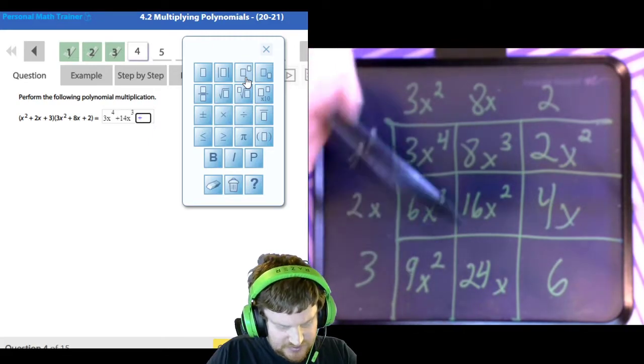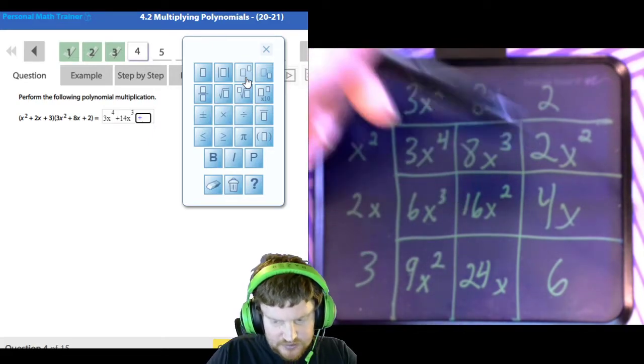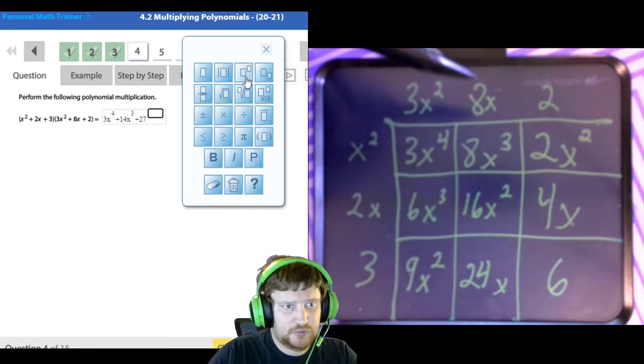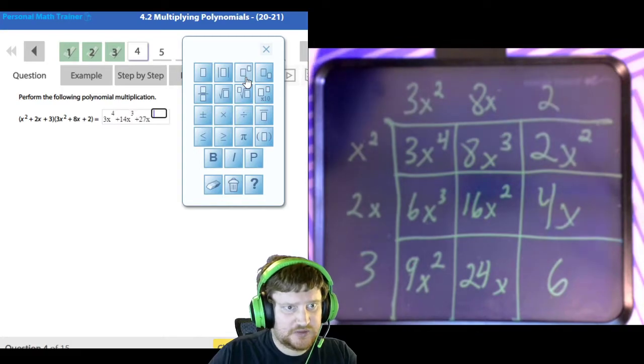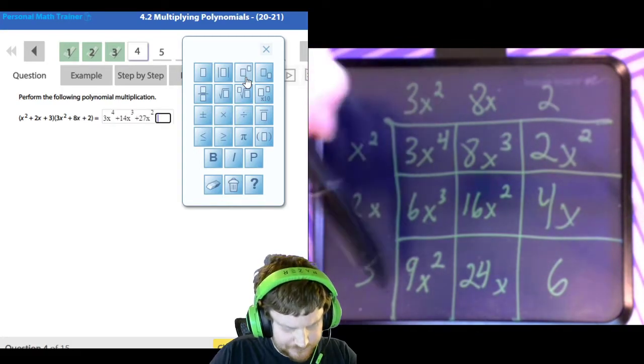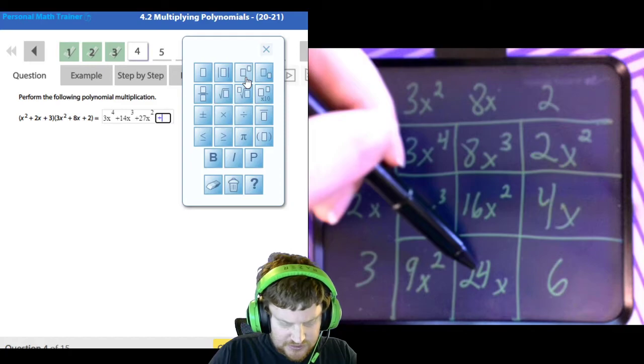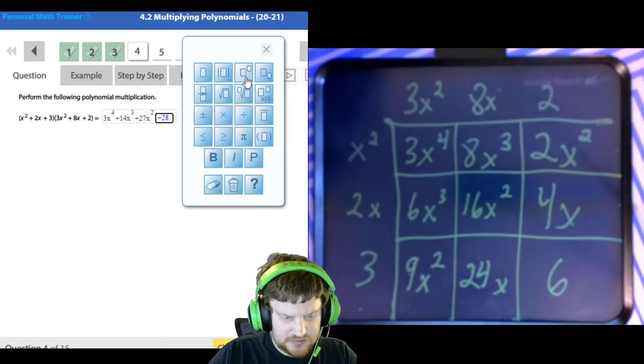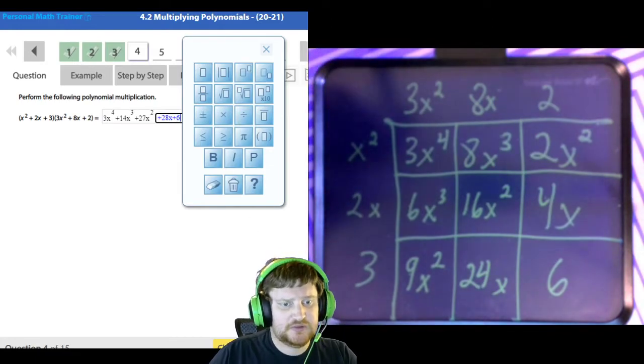Then 9 plus 16 is 25, plus another 2 is 27, 27x squared, plus 24 plus 4 is 28, x plus 6.